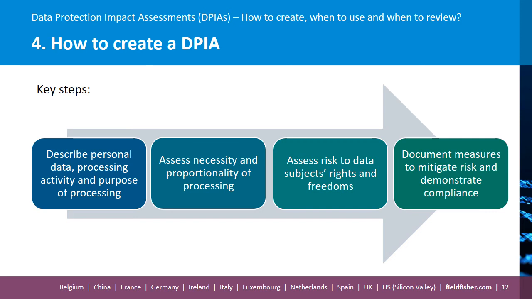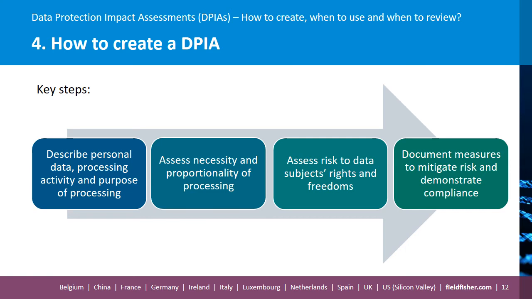Now, let's move to the practicalities. How to create a DPIA. Here, we have summarized the DPIA process into 4 key steps, and we will go through each of them in the following slides. The following diagram covers each of the steps.